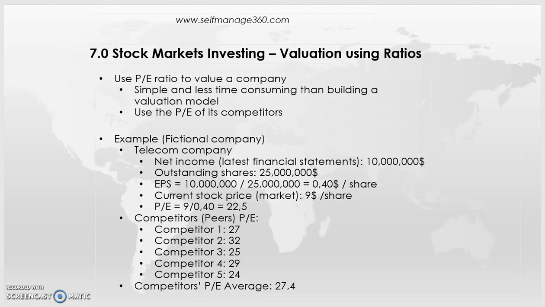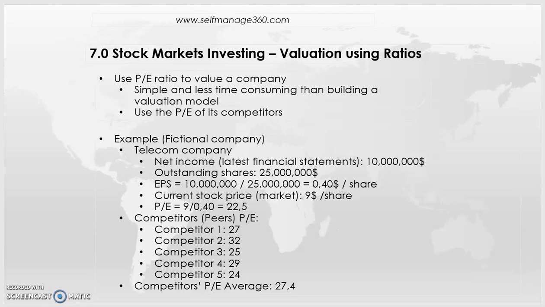To do so, we'll use the price to earning ratio of the company that we are considering buying or selling, and we will use the price to earning ratio of its competitors and of its industry to see if the company is currently selling at a discount, at a premium, or is fairly valued.